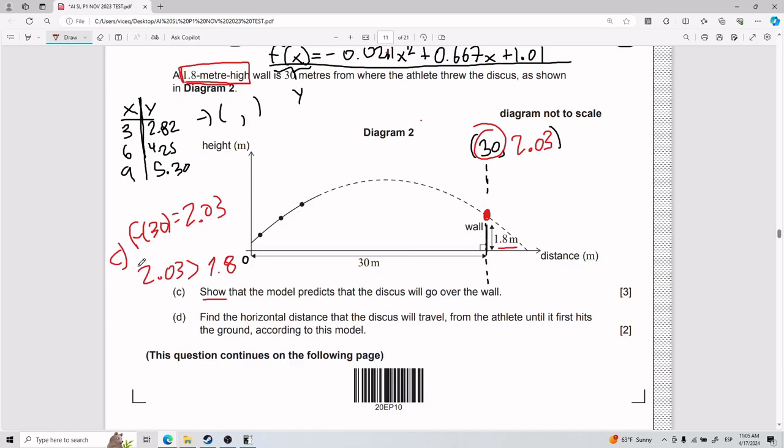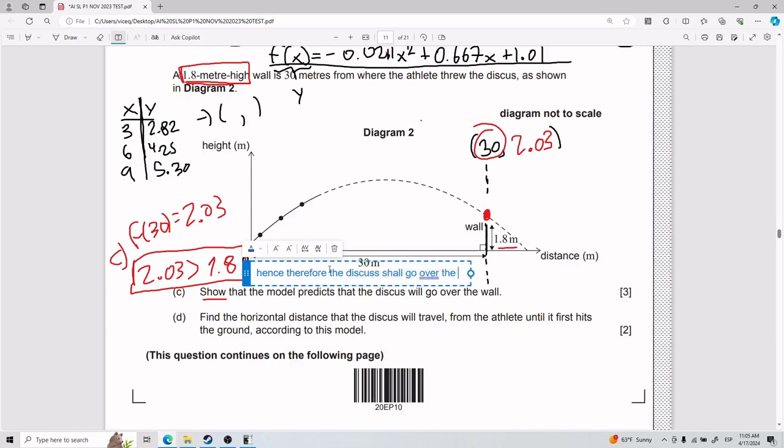Writing this is good enough, but if you want to be more rigorous, you can also literally say hence or therefore the discus shall go over the obstacle. All right, just kidding. Say it as you want, but you can say therefore the discus will go over the wall. All right, that is how the answer key leaves it.